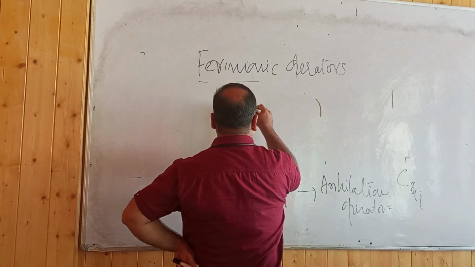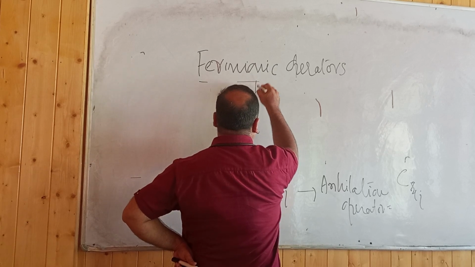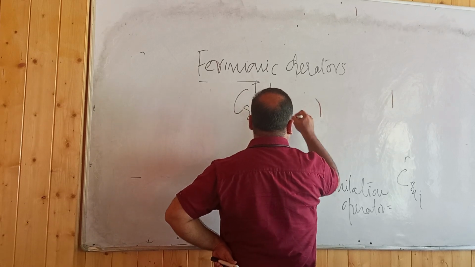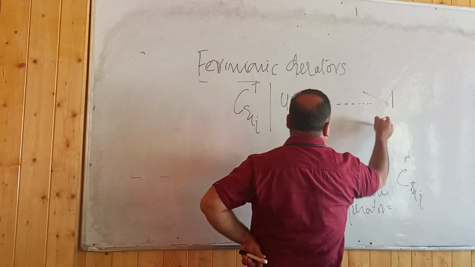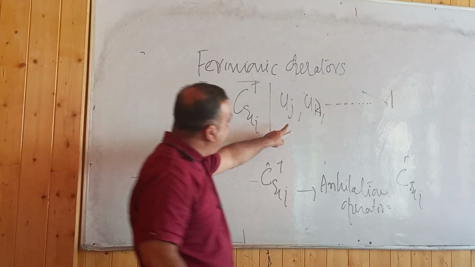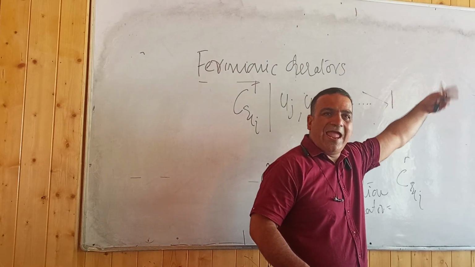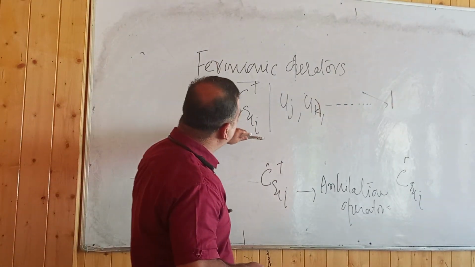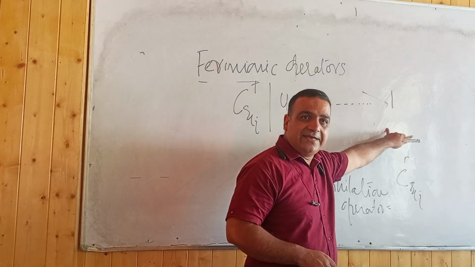Now I choose c_i dagger and act it on the state u_j, u_k, and so on and so forth. This is my quantum state: u_j, u_k, it can be anything, u_l, u_n, it can go on and on. Now what am I doing? I'm using a creation operator on this state.